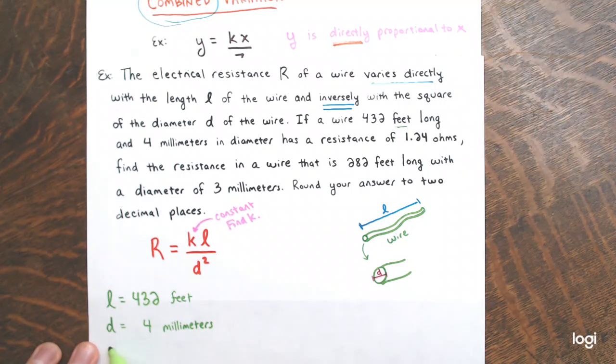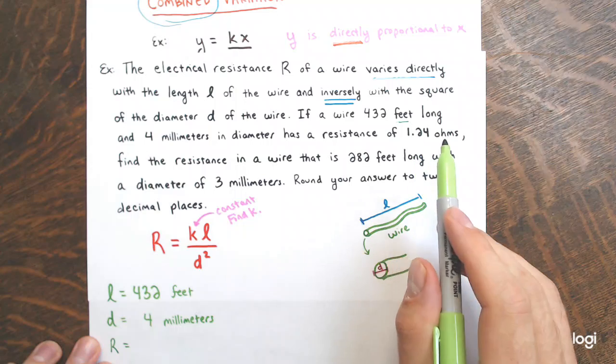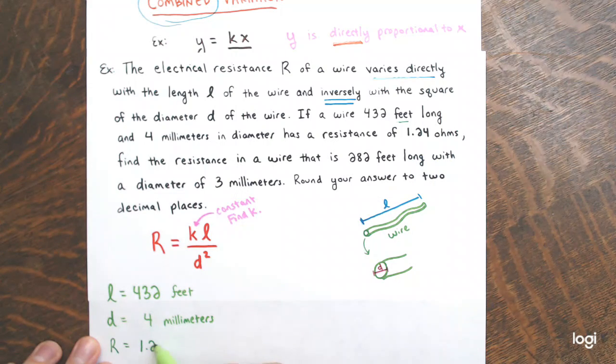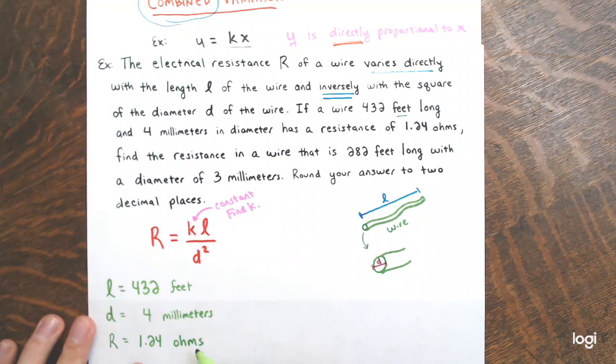And they also told me resistance, right? Has a resistance of 1.24 ohms, right? And so that's the units on resistance throughout this problem. And you can abbreviate these with FT for feet and MM for millimeters. And ohms is actually the Greek letter omega.